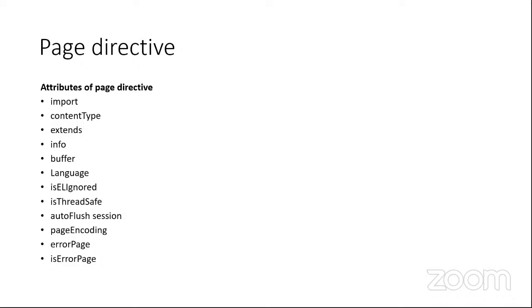But in real time, when you work with page directives, we may need other languages like .NET or C or C++. In such cases, we have to specify which language we are using, and that is done with the help of this language attribute.